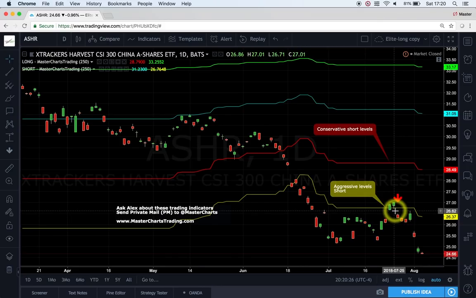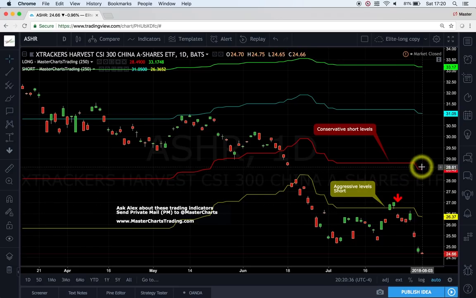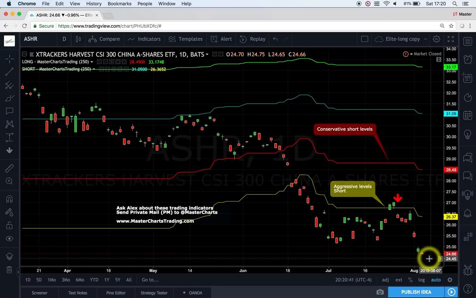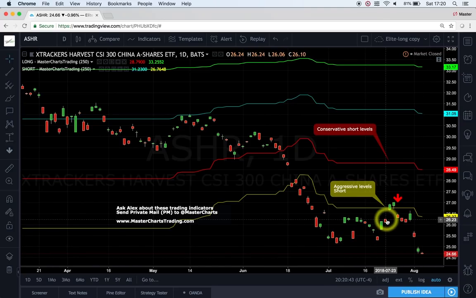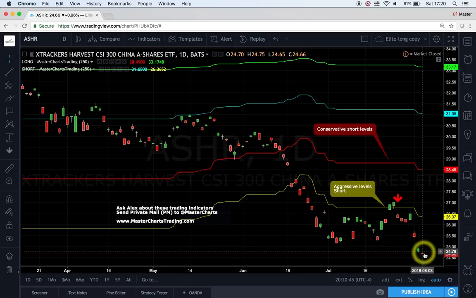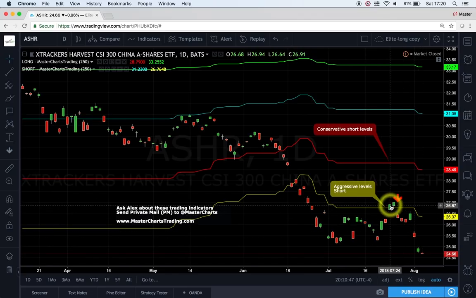I used to be quite an aggressive trader. I think as you get older, you get more conservative in various things, but definitely in money. So I'm looking for bigger pullbacks before I initiate new shorts or new longs. But here the aggressives just killed this fund, ASHR.